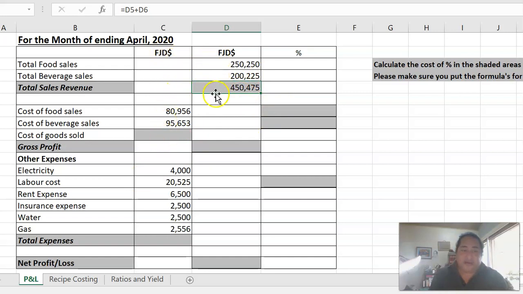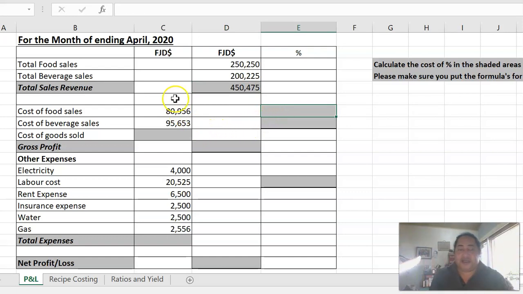For this column here, you have the revenue, and then you have the expenses column here, and then you have the percentage. When you get the percentage, it allows you as a manager to look at it, make decisions and see how you have performed in terms of your food sales and cost of food sales, etc. So we know, obviously, that if you spend more than 38, 39, 40, 45, your cost of food sales is very high.